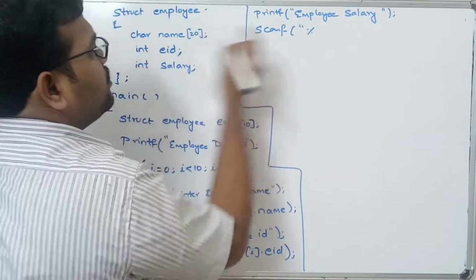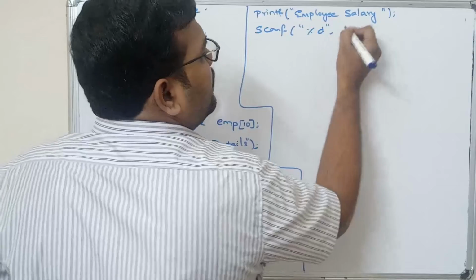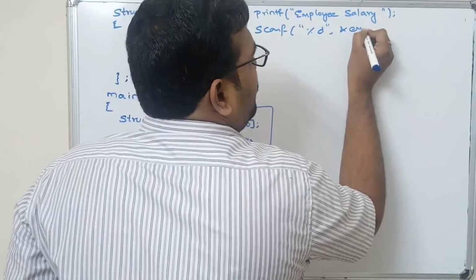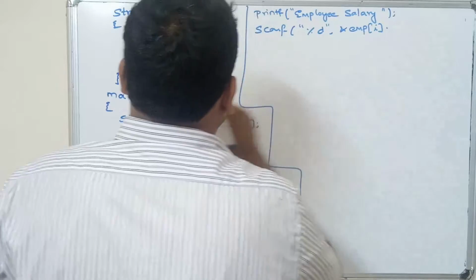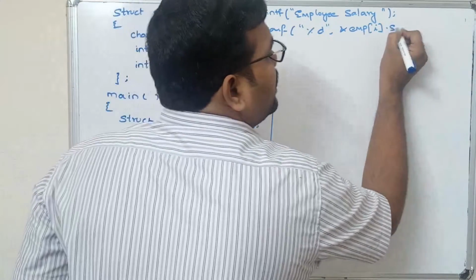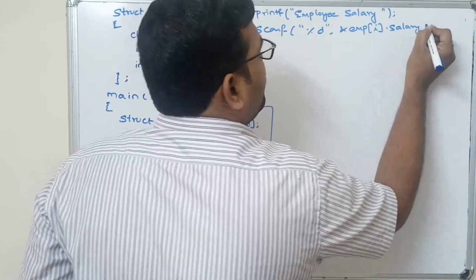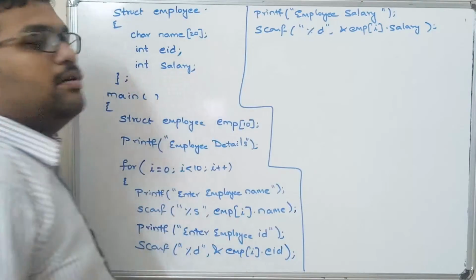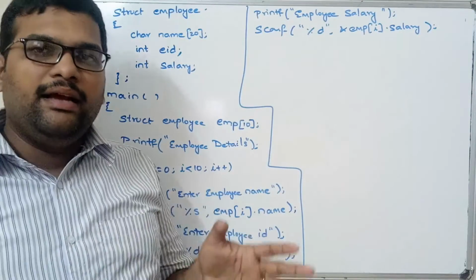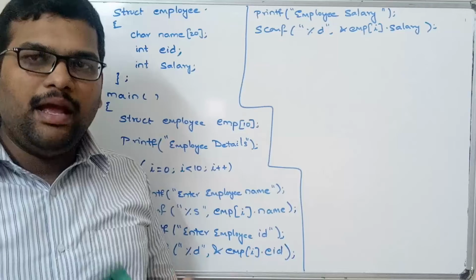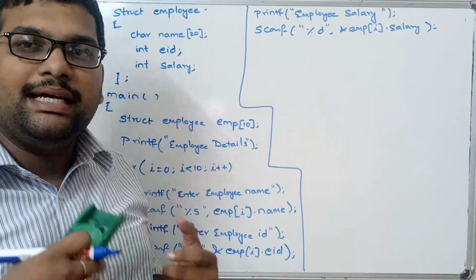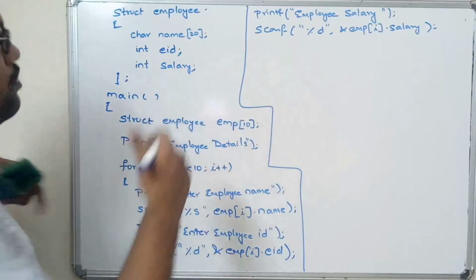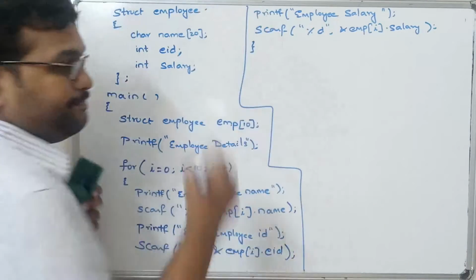It is also an integer, so percentage d ampersand EMP of I structure variable dot the member, that is salary. So here it will read the name, employee ID and salary for all the 10 employees. So here we have to close the loop.